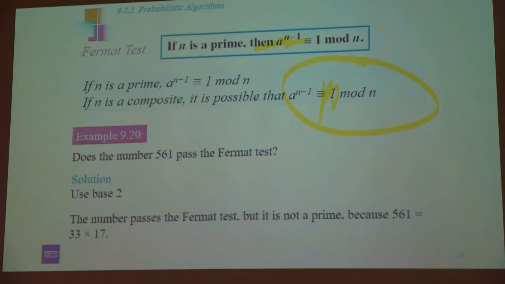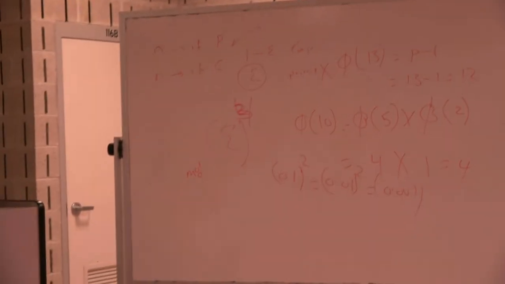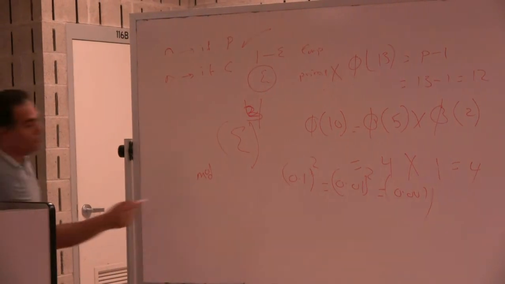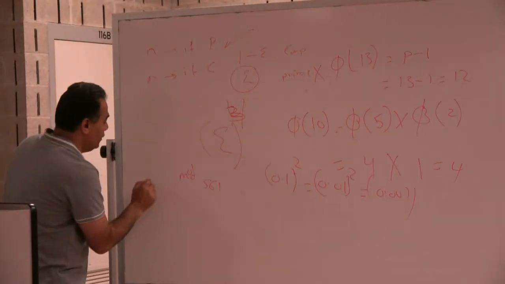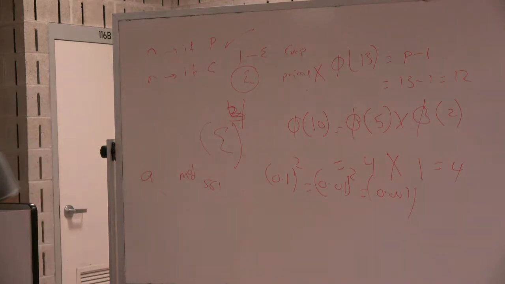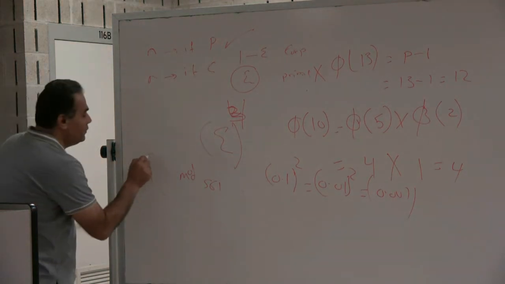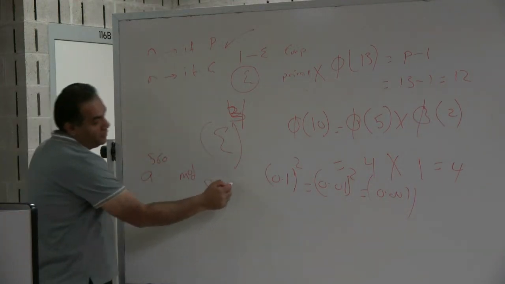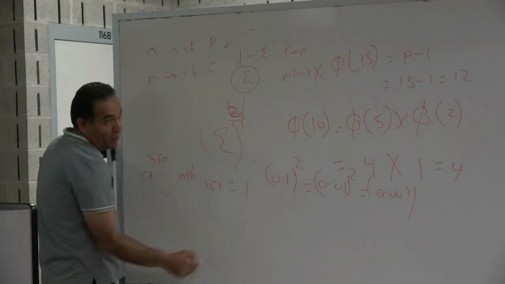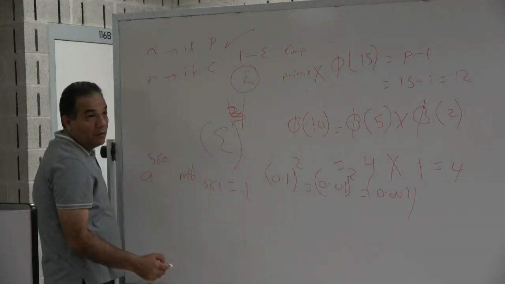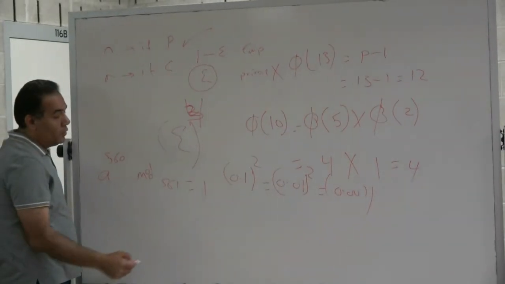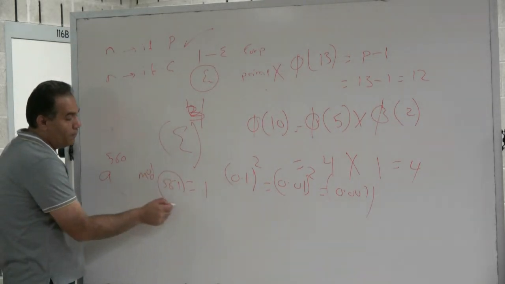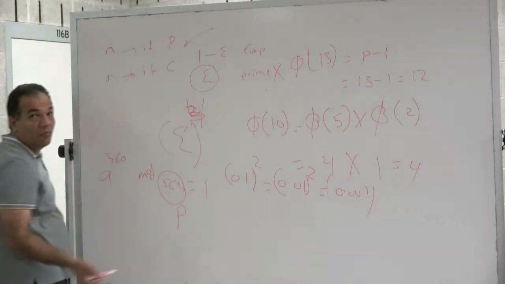That means we did mod 561, and with whatever base here, for the exponent 560, the result was 1, right? So you would think that this is a prime, but it's not a prime.